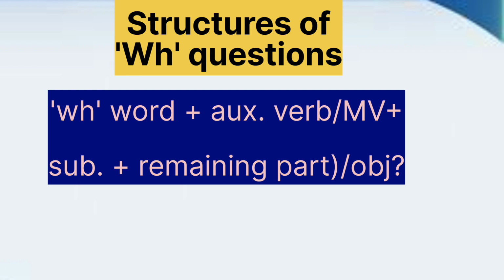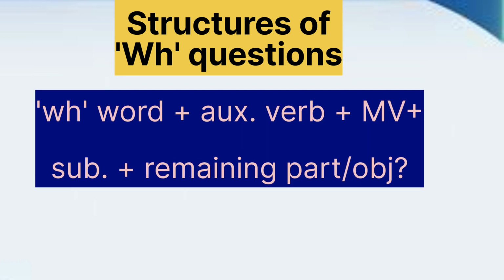The third structure of forming WH question is WH word plus an auxiliary verb plus main verb plus subject plus remaining part of the sentence, and at the end a question mark. While framing a WH question, first we have to select the appropriate WH word and use it at the beginning of the question.